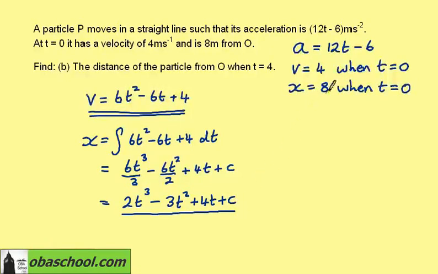We know that x equals 8 when t equals 0. So 8 is going to be equal to, everything here will be 0 except the c. So 8 is equal to c. Therefore x is 2t cubed minus 3t squared plus 4t plus 8.